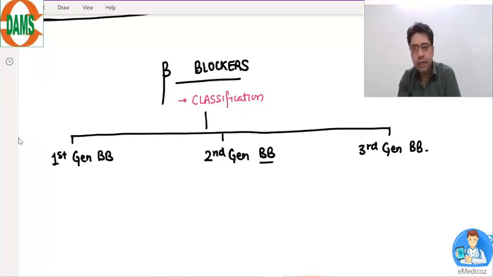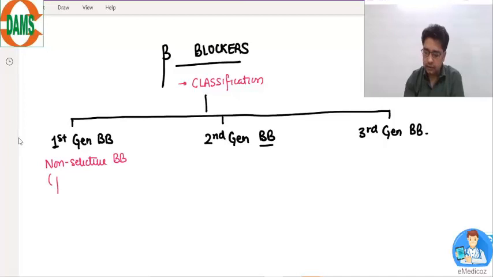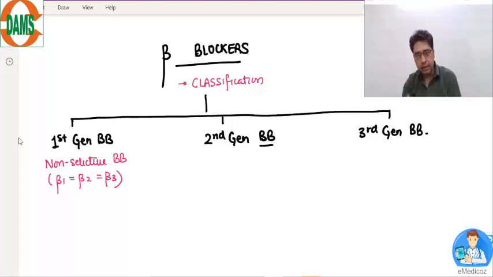Now, first generation beta blockers, you will write that they are non-selective beta blockers. Non-selective means they will block beta 1, beta 2 and beta 3 equally.